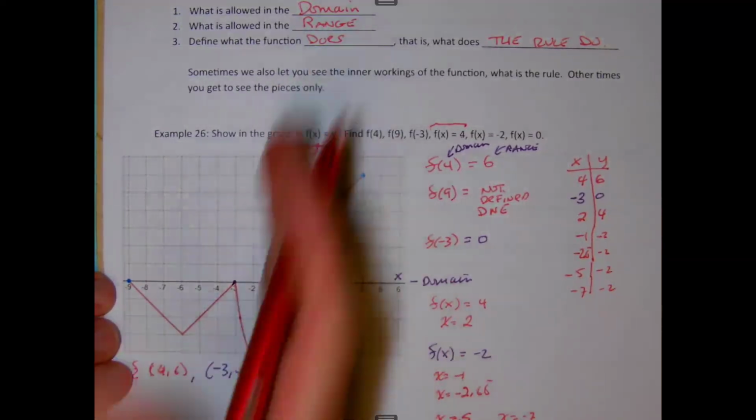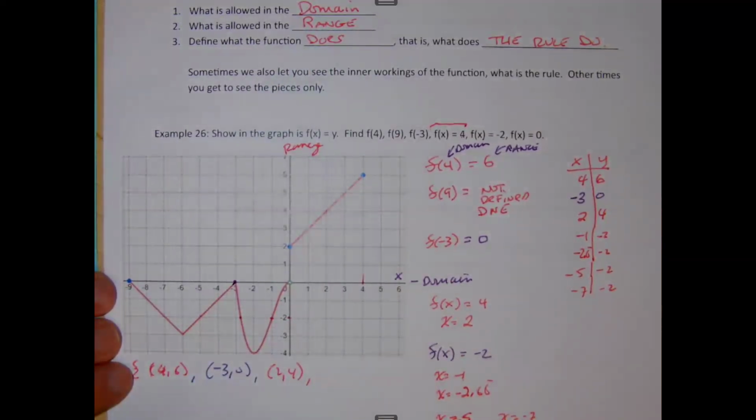Now it's still a function; you can see it passes the vertical line test. Certainly not a one-to-one function, and that's why we're having multiple outputs.